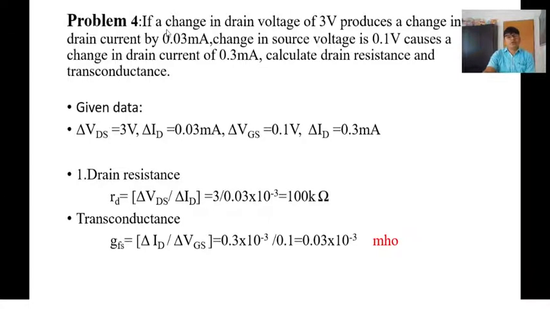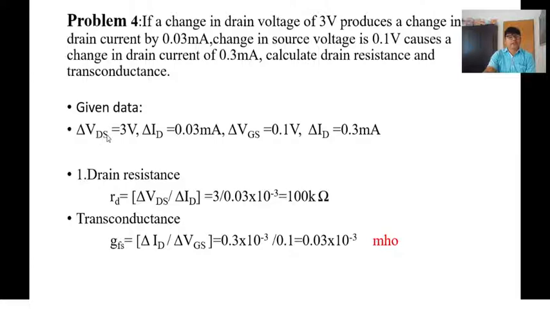Now in the case of FET, again, if a change in drain voltage of 3 volt produces a change in drain current of 0.03 milliampere, and a change in gate source voltage of 0.1 volt causes a change in drain current of 0.3 milliampere, calculate the drain resistance and transconductance.